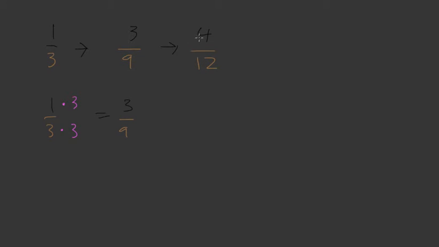And then this was multiplied by 4. 1 times 4 equals 4. 3 times 4 equals 12. Okay, so that is how you find an equivalent fraction by multiplication.